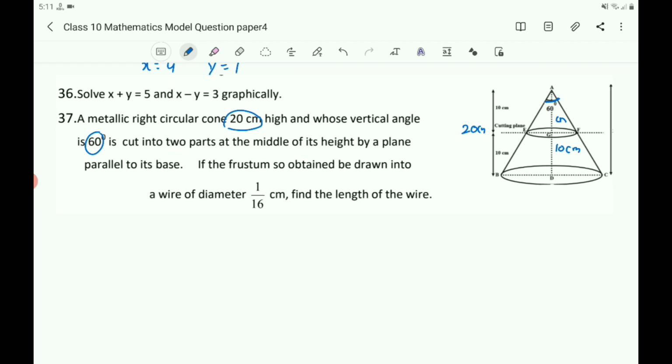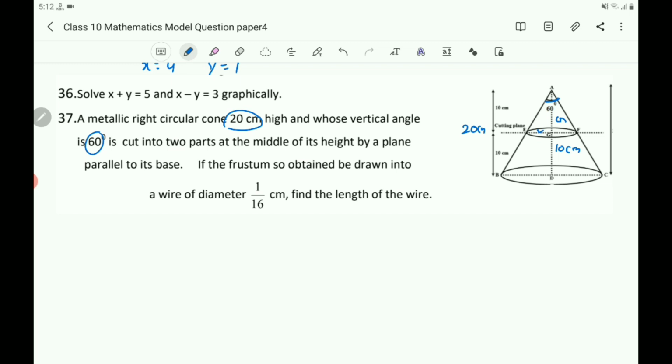Find the length of the wire. Here only the height is given. To find the surface area of the frustum of the cone, the radii of both bases are required and also the slant height is required. How will you get the radius here?